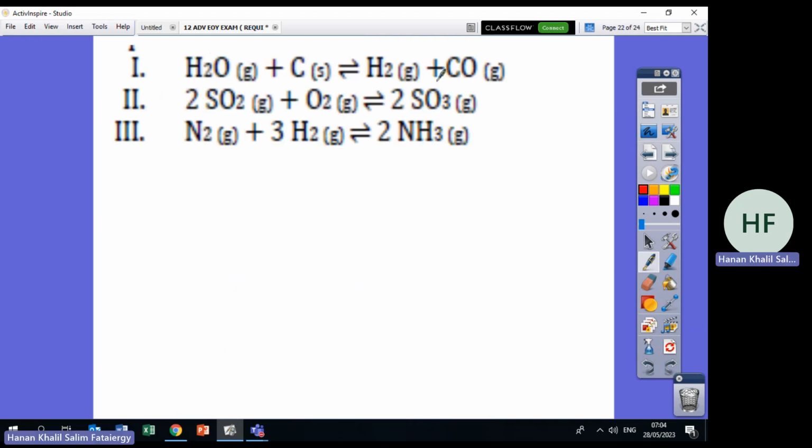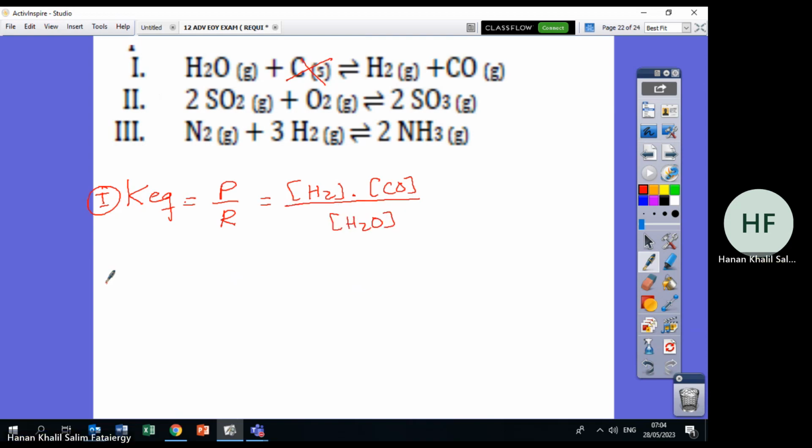Okay, I want you to write the KEQ expression for these questions. Let's start with the first. Okay, solid will be cancelled. Products over reactants. The products H2, pay attention, we don't put plus, we put multiplication, CO over H2O. Now KEQ equals, here nothing will be cancelled because all of them are gases.